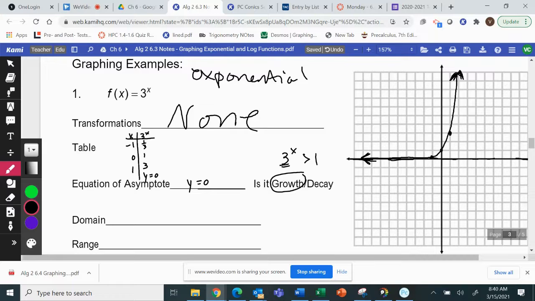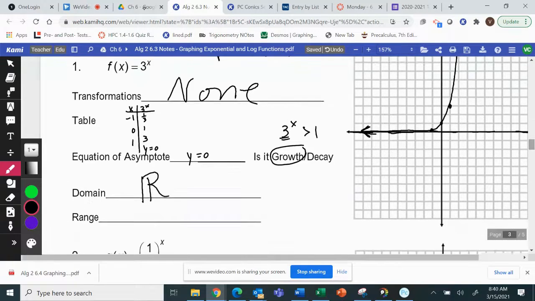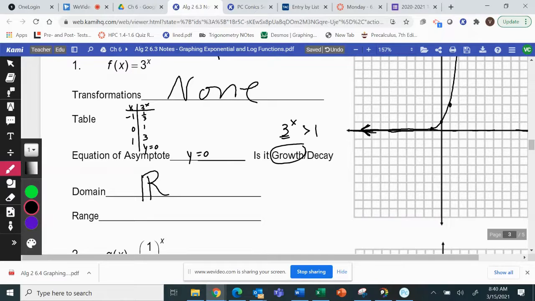So what stops the graph from going left to right? Nothing. So we say all real numbers. But the asymptote is stopping the graph from going all the way up and down. It's stopping it from going down. So what is the lowest number for the range? Aya, what's the lowest number for the range?